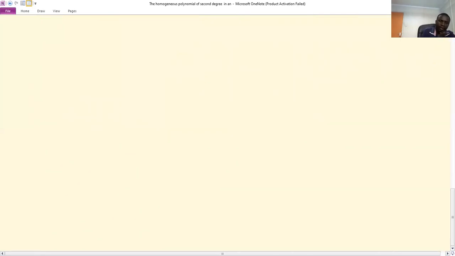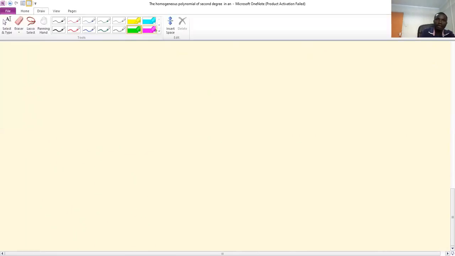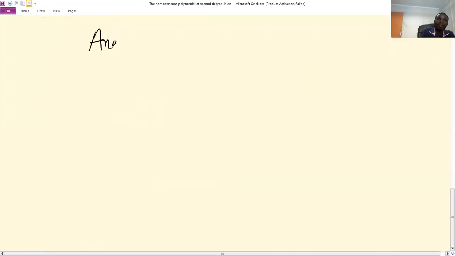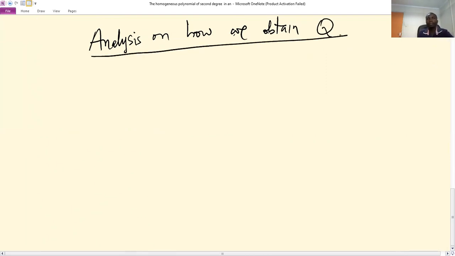So in two variables, just to make it clear for you to understand what's happening, let's do the analysis on how we obtain Q, that's how we obtain the quadratic form.